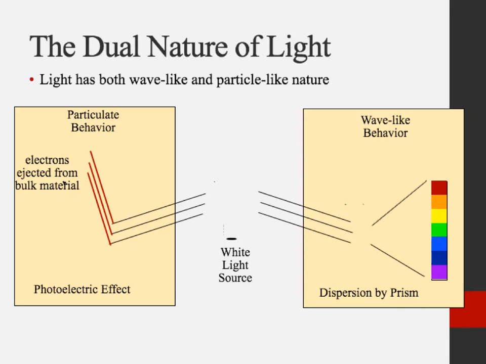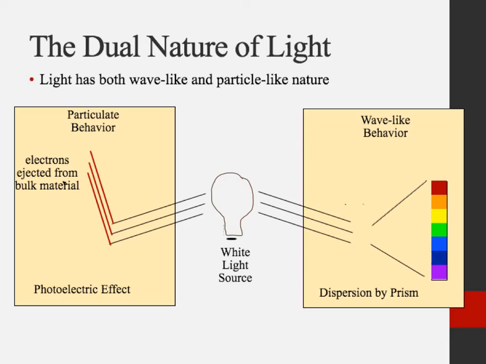So when you have a light bulb and light is emitted from the source, it causes electrons to be ejected from bulk material. And that would be particle behavior, or particulate behavior.